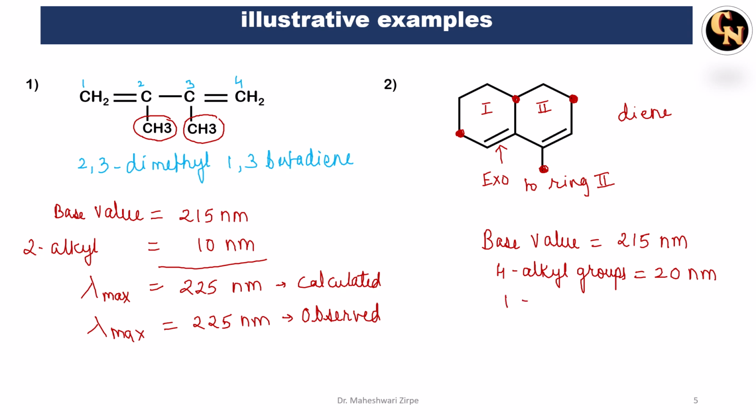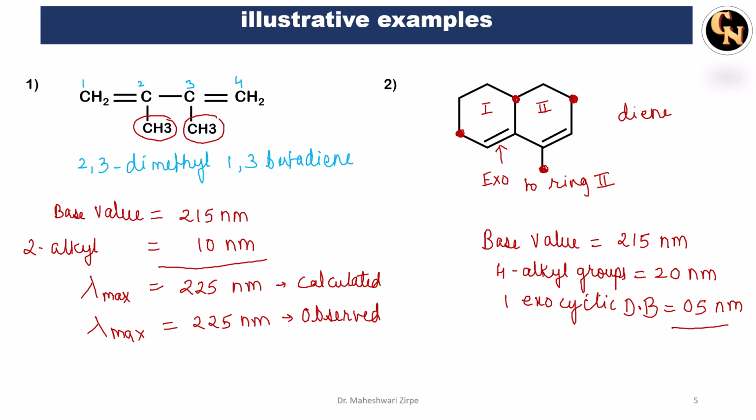1 exocyclic double bond. One sec, I'll just rub this. 1 exocyclic double bond. For double bond, I am writing DB. So it is 5 nanometers you are going to add to it. And the total will be 215 plus 20 plus 5.